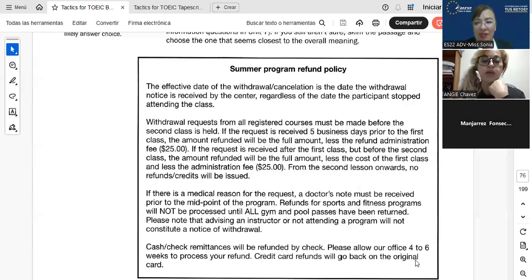And they say that we're going to have a meeting, I think 2 days before the test, in order to see if everything is going to be all right by the time that we're going to be taking the test.